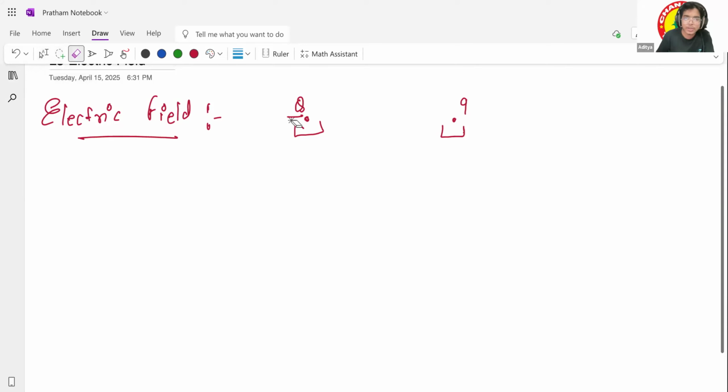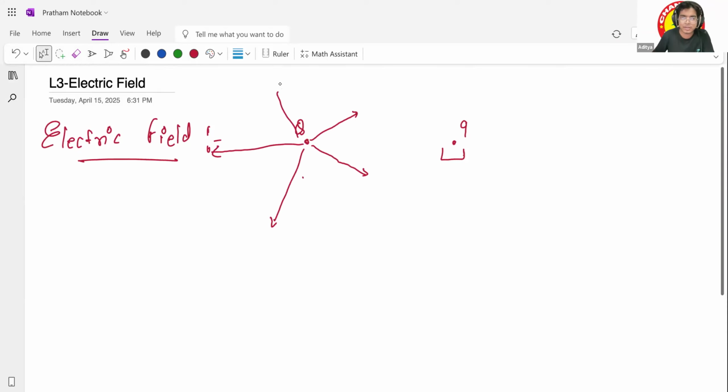So let's say when there's a charge, it provides some electric field outside. Electric field is nothing but a region around which a charge can experience electric force. Let's say this is an electric field region.